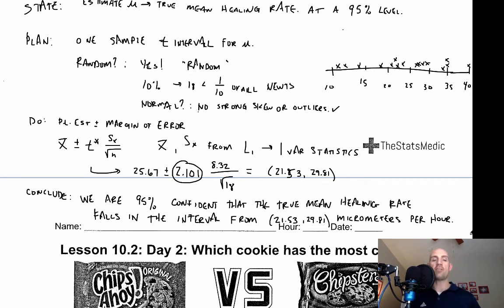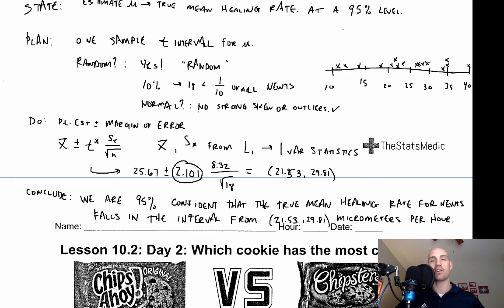Okay, we are 95% confident that the true mean healing rate falls in the interval from 21.53 to 29.81 micrometers per hour. And we could say healing rate for newts to provide a little bit more context there.